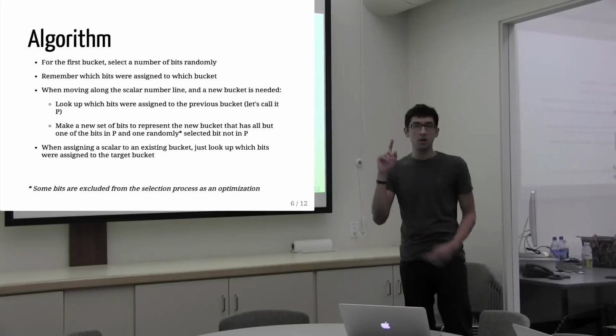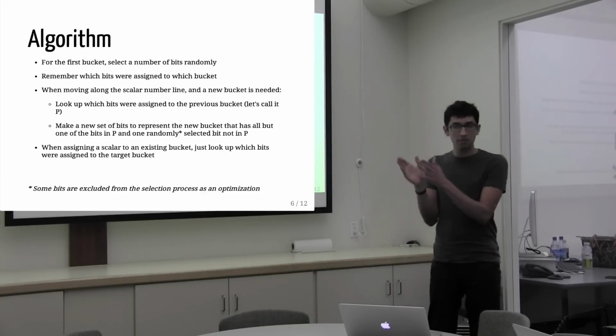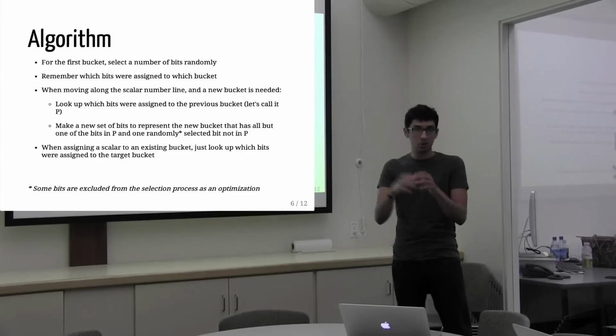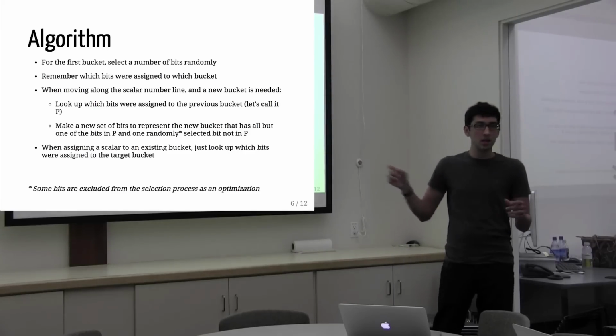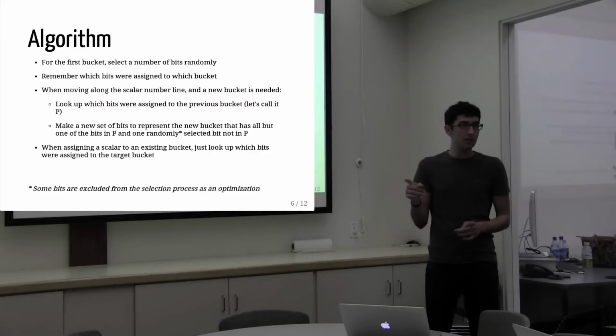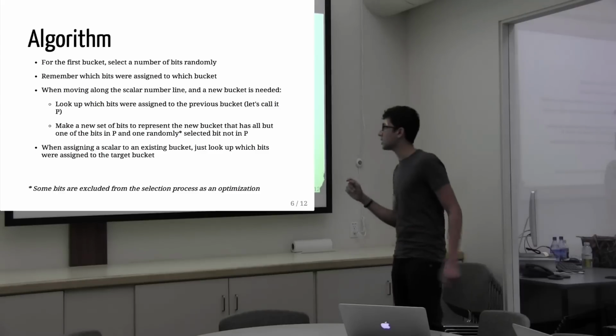We do that because remember we wanted adjacent buckets to share the most bits, and non-adjacent buckets to not share bits. So when we move to the right by one bucket, we want those two buckets to share all but one bit. Hopefully that makes sense.